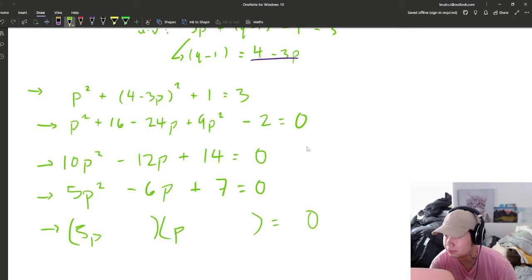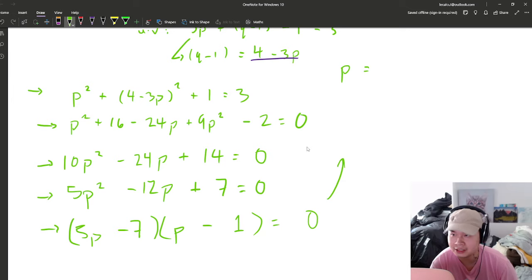Oops, I divided this by 2. 12 is 7 plus 5, so that means that the 7 goes with the 5, the 1 goes with the p, and then these are both minus. So we got two values. p is 1, or 7 over 5. And then we need to find their corresponding q values.